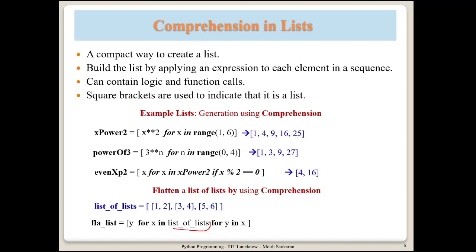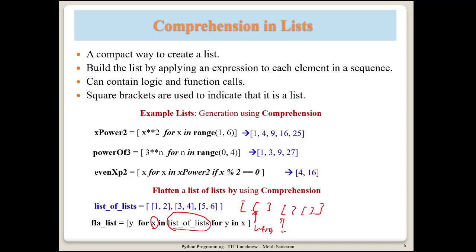We have to pick up every element from the list. When you pick it up in a list of lists, you are keeping another list. So you will have a list object here, and another list object.